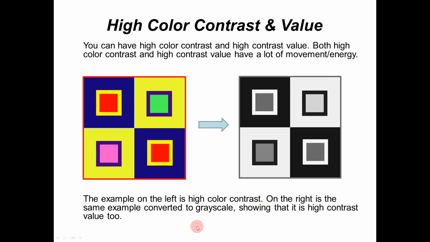On the right, it's the same piece that's been converted into grayscale, or the inherent value, showing that it is high contrast value as well. So these two concepts can work together. But in the case of high color contrast, you don't have to have high contrast value to get all that movement.